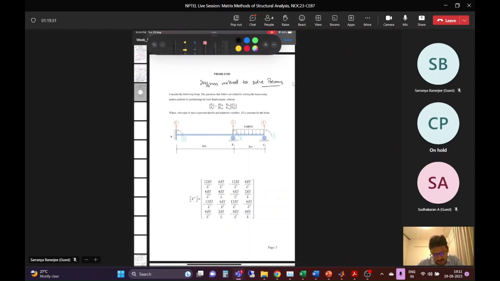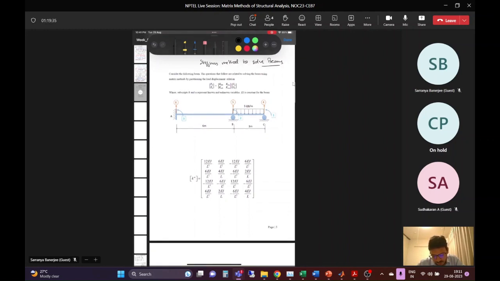The questions that follow, we don't worry about the question, we'll just solve it thoroughly. So this is a given beam. We can see this is a propped cantilever beam with two props, two vertical supports, and these are the different loading systems on the beam, right? That is clear.